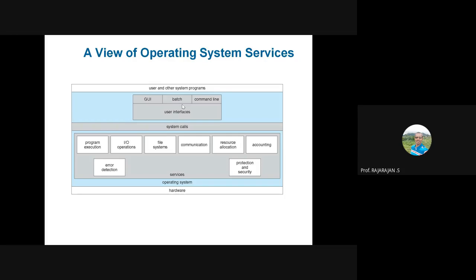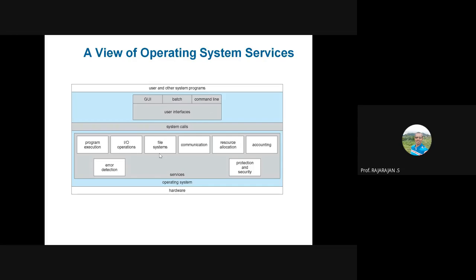Batch was much older. When the initial computers were there, there used to be batch processing. There was a module called the monitor, residing in the batch OS, which took the requests of the users. So we have three types of interfaces to the operating systems.